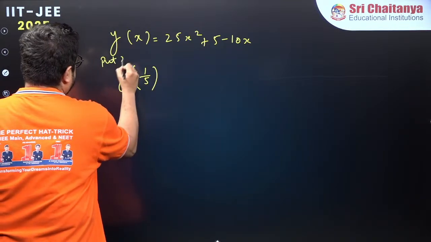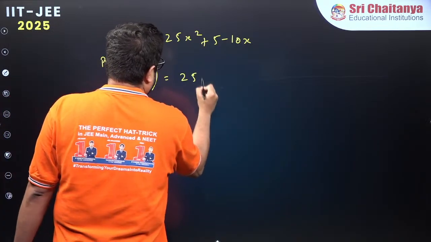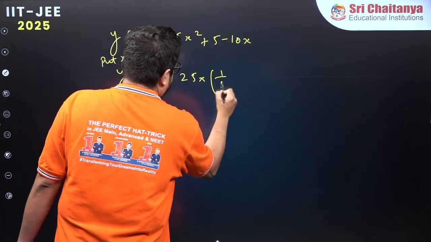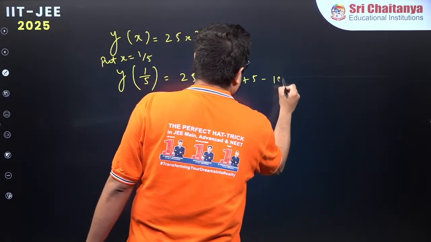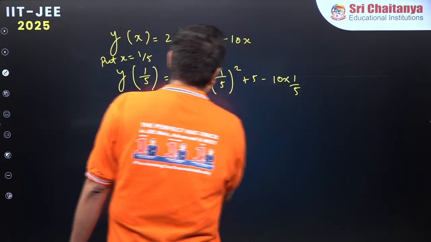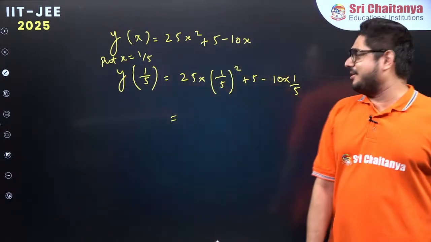Put x is equivalent to 1 by 5 over here. Then what I will be getting? 25 into 1 by 5 whole square plus 5 minus 10 into 1 by 5. Tell me the answer, everyone. Solve it and say, what are you going to get?